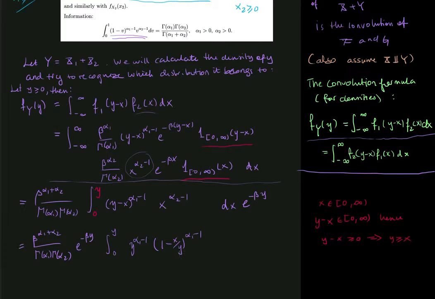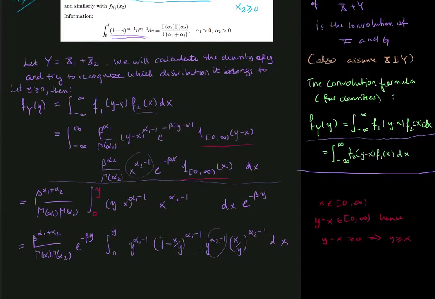And then now I have x over y here, so just in a second I will try to substitute that with the v, which means that I will also need to substitute this with a v, which means I also need x over y to the alpha 2 minus 1, and if I want that, then I actually need y to the alpha 2 minus 1 dx. I integrate with respect to x.